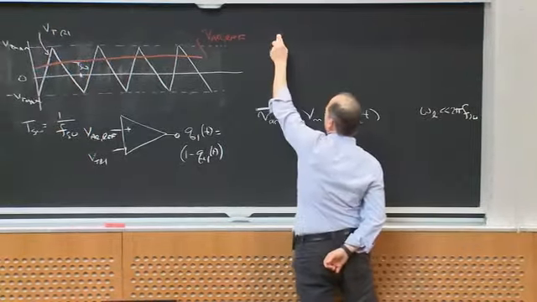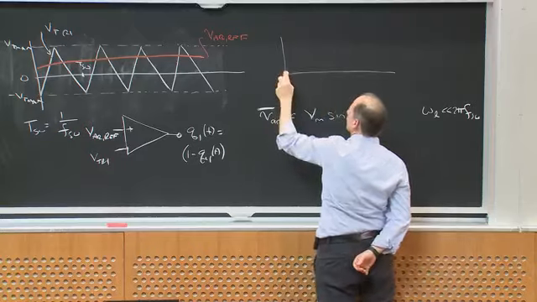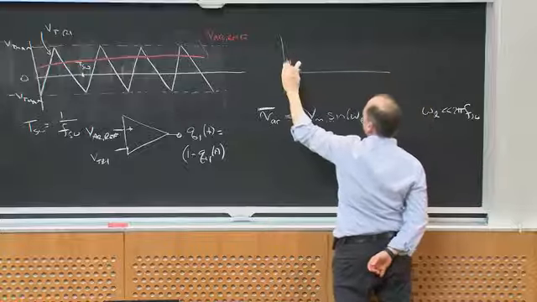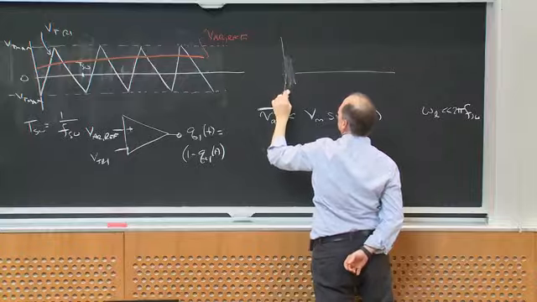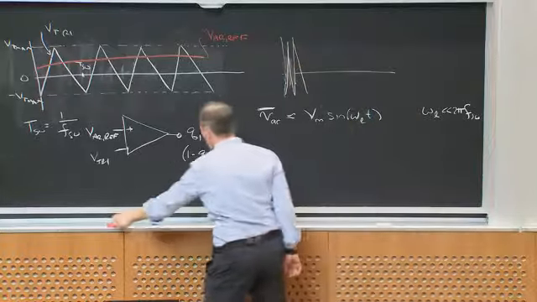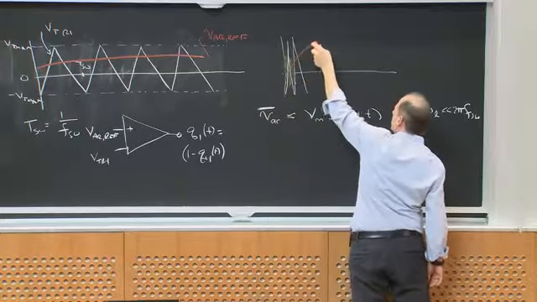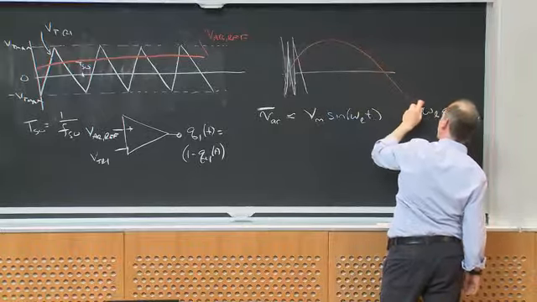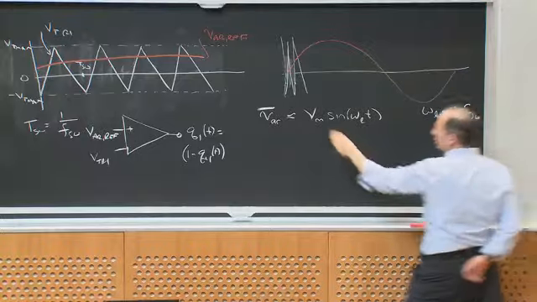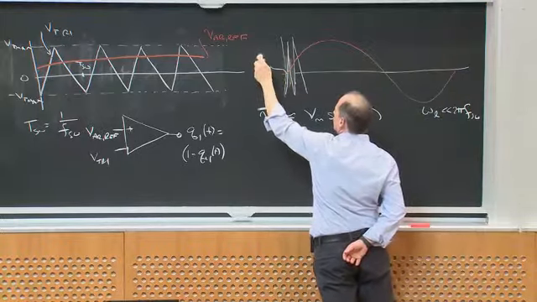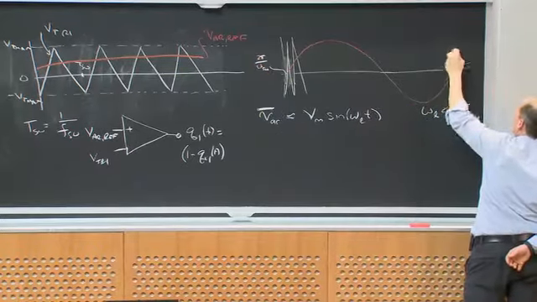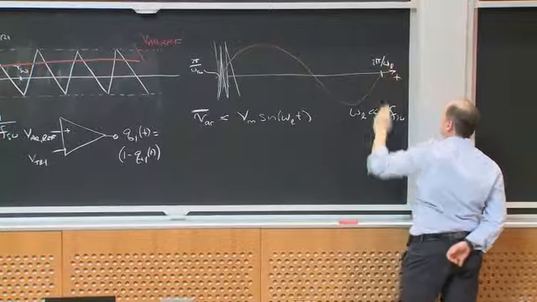So I have some triangle wave like this. Maybe I'll draw it bigger. This is my PWM waveform, and I'm trying to generate a sine wave where maybe there are 100 switching cycles per line cycle, right? So this is 2 pi over omega switch, and this is 2 pi over omega line versus time. Does that make sense to everybody?